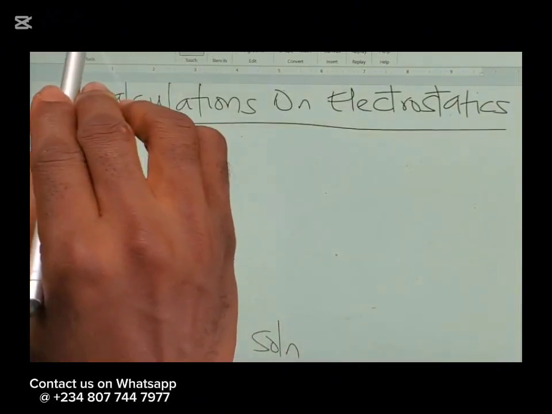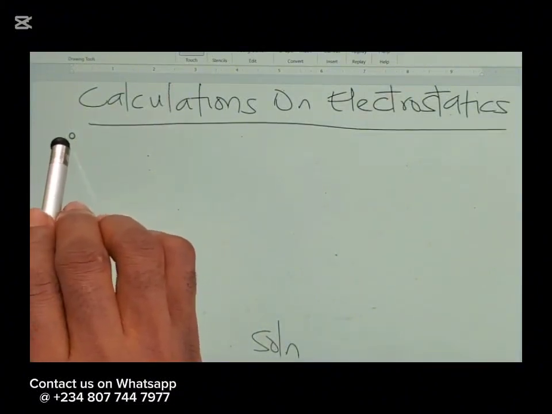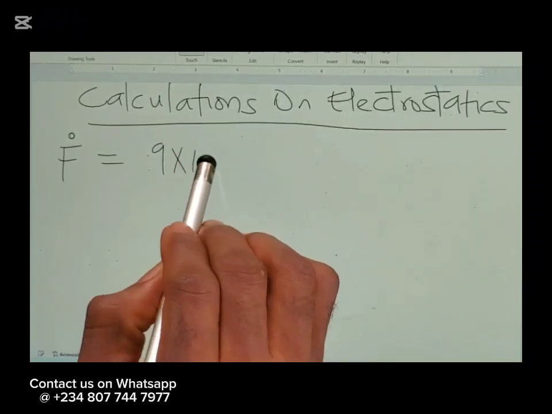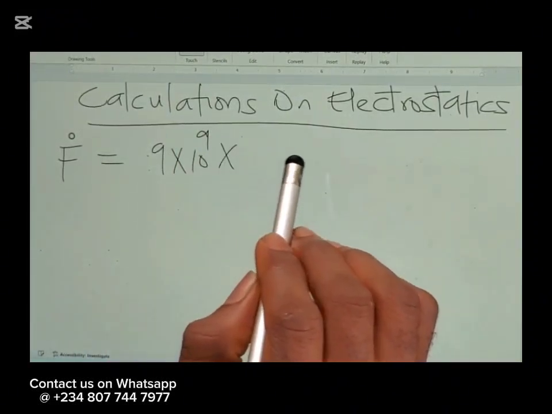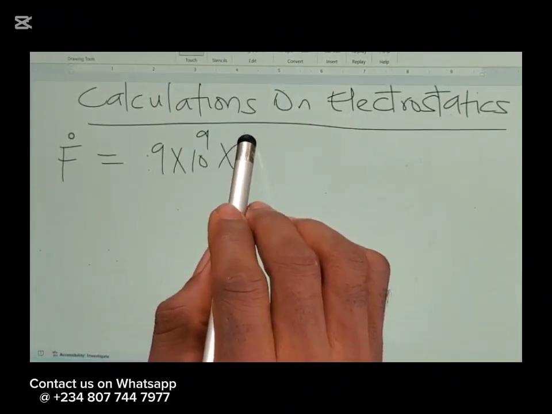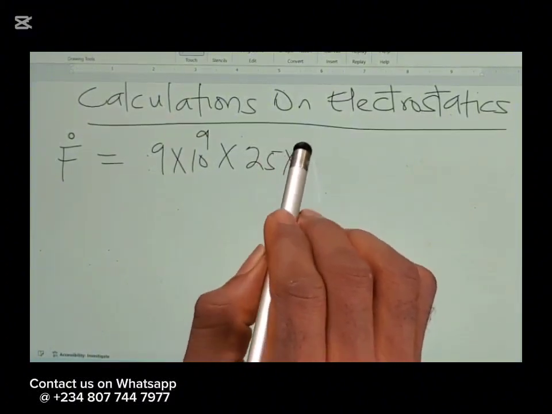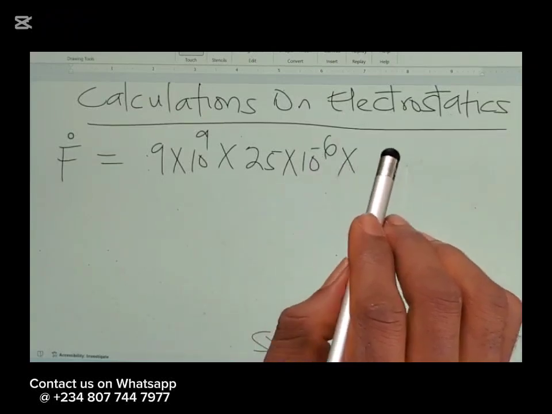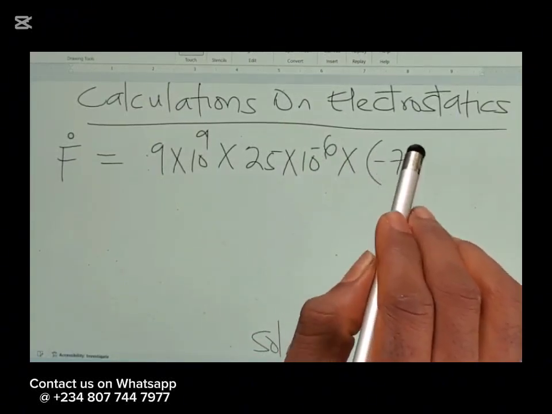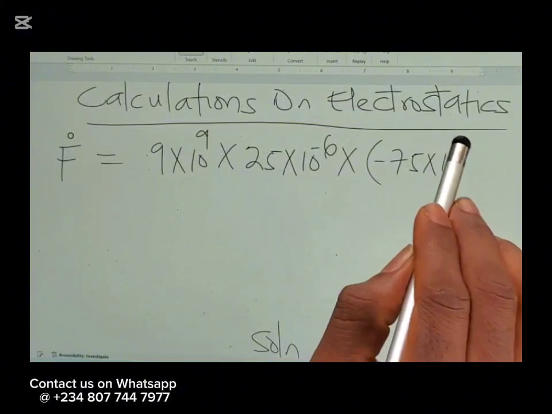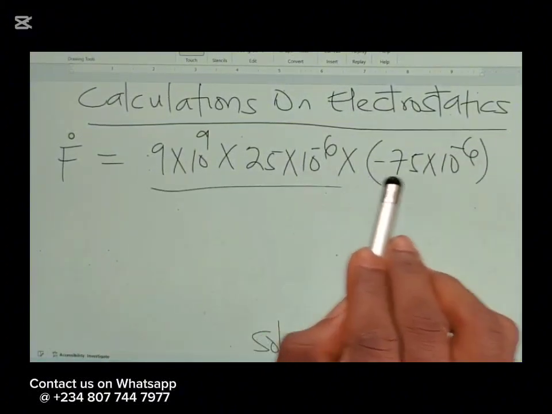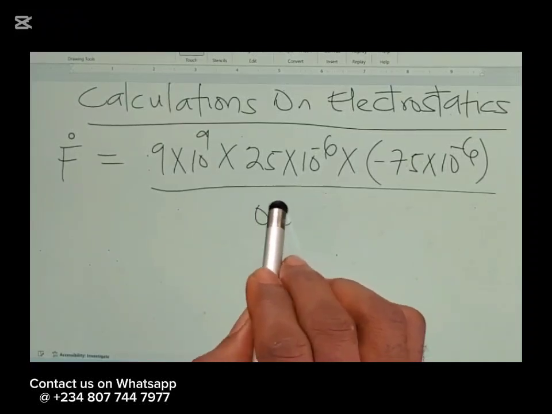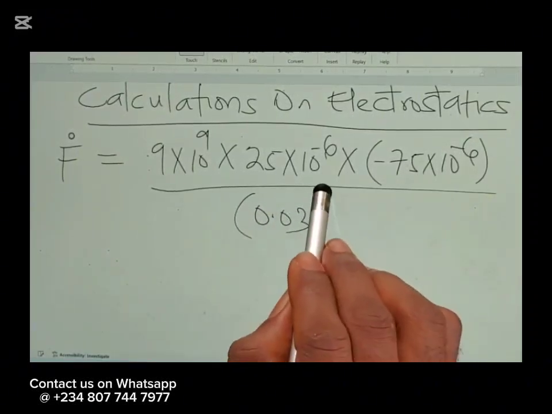Okay, replacing the parameters there, that means F is equal to 9 times 10 to the power of 9 times Q1, which is given to us as 25 times 10 to the power of minus 6, times Q2, which is given to us as minus 75 times 10 to the power of minus 6, over r, which is given to us as 0.03 all square.